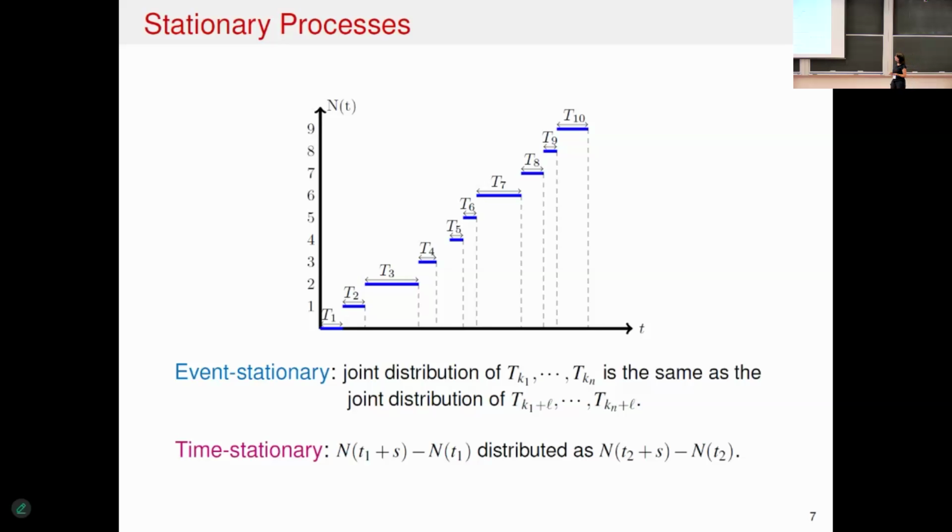And if we look at the counting process N(t), we can talk about the time stationary process when we consider the distribution of the number of arrivals during a fixed interval of time with length s, and we shift it in time. This distribution doesn't change.